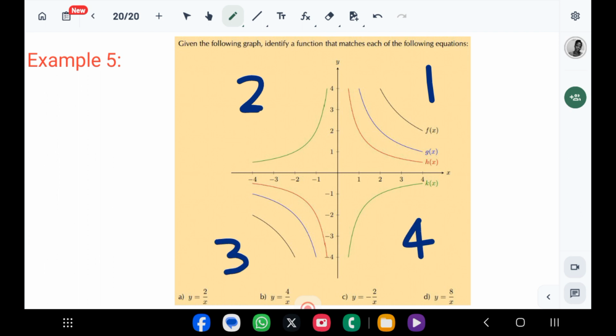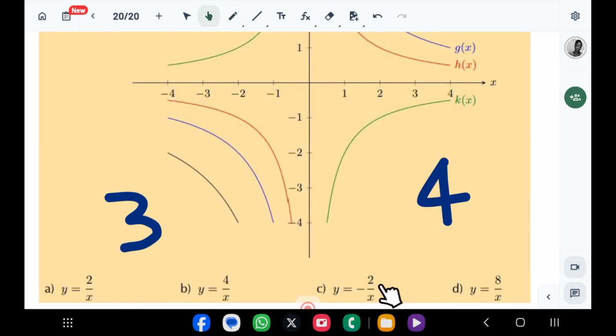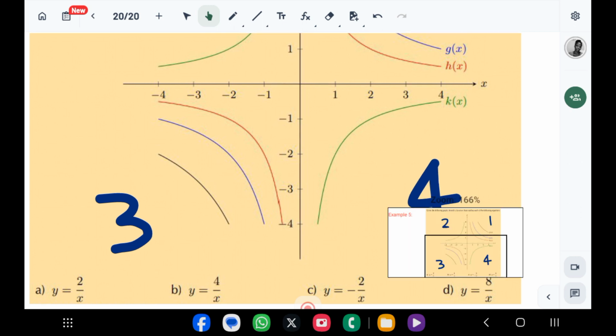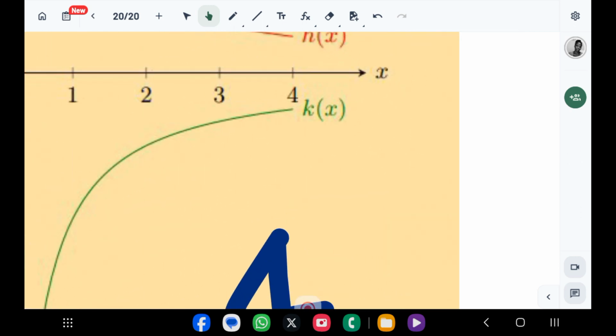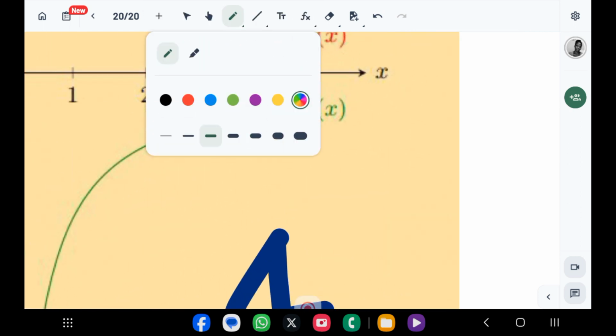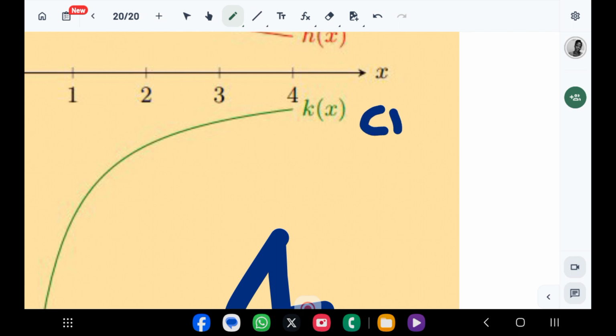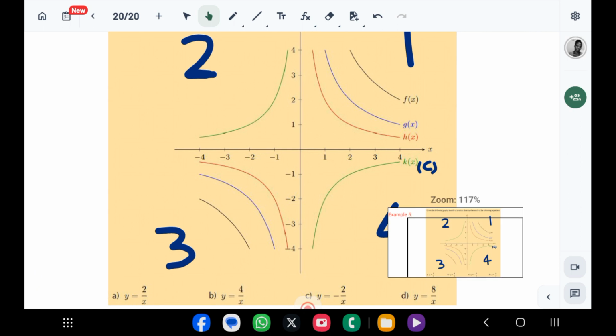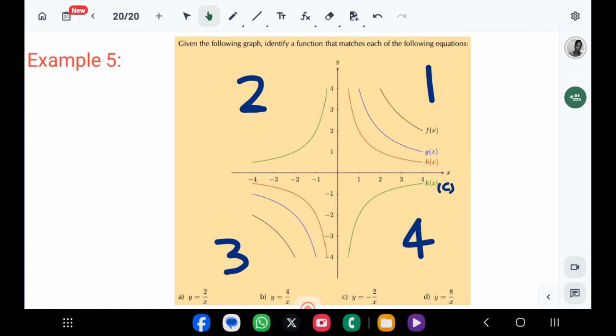So the one on quadrants 2 and 4 is the one with a negative a. So what will that be? K of x will be equal to negative 2 over x. So that's number C. We're done with that.